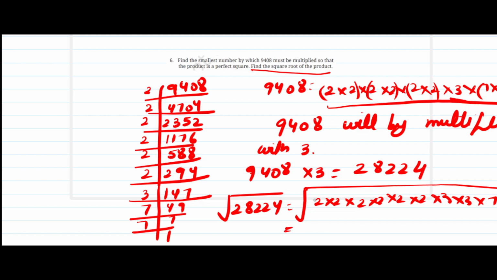As they all exist in pairs and we are taking the under root, it will be 2 into 2 into 2 into 3 into 7, and we'll get the answer 252. So this way you will do this question.